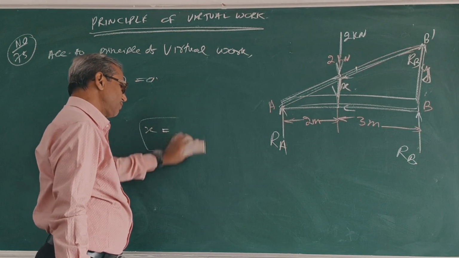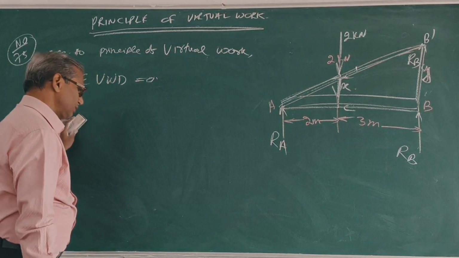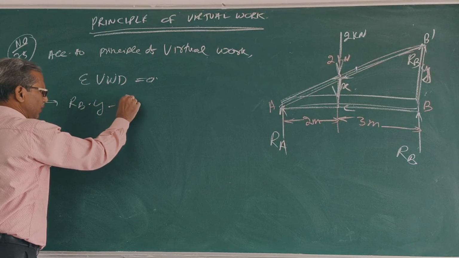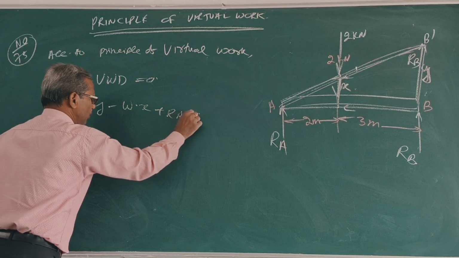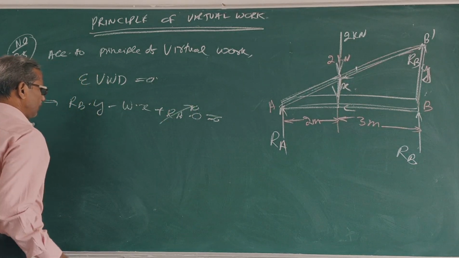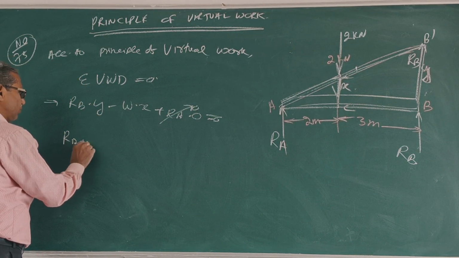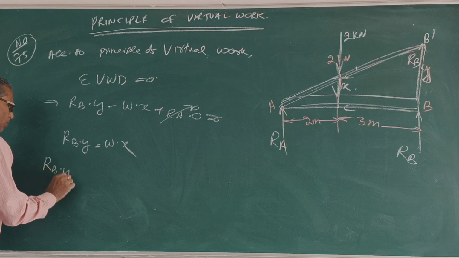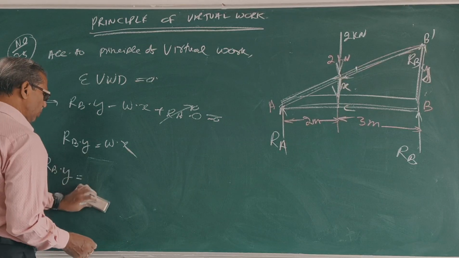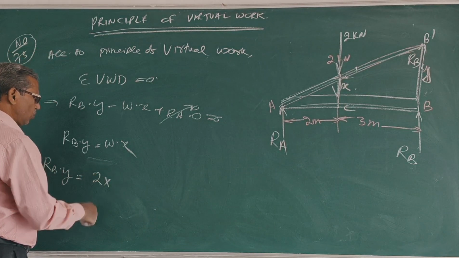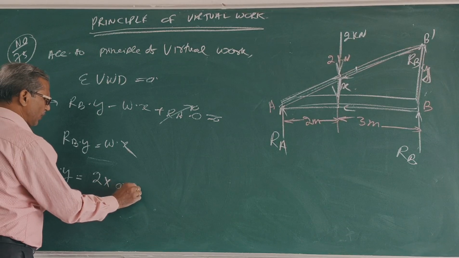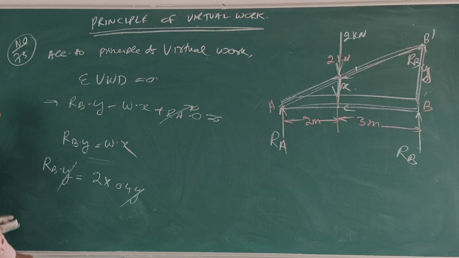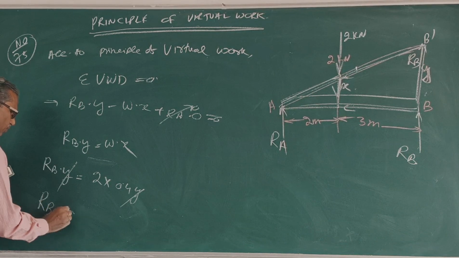This implies RB into Y minus W into X plus RA into 0 is 0. Clear? So RB into Y is equal to W into X, W being 2 kilonewton, into X which is 0.4Y. Clear? So RB is equal to 0.8 kilonewton.